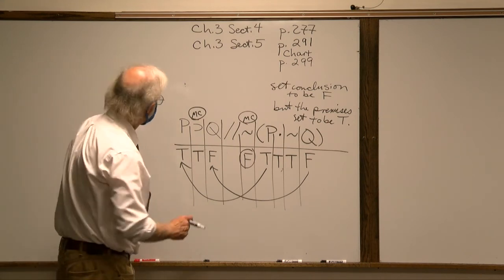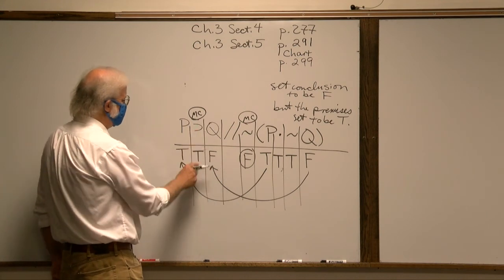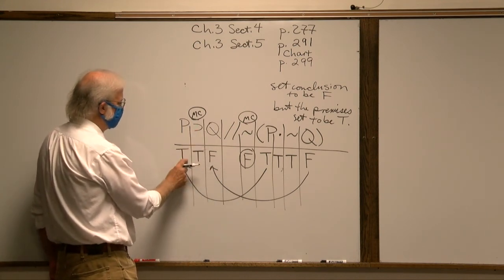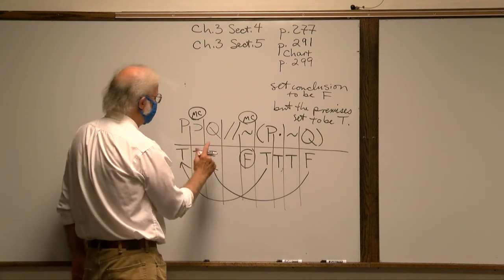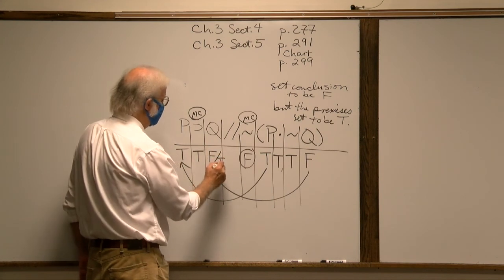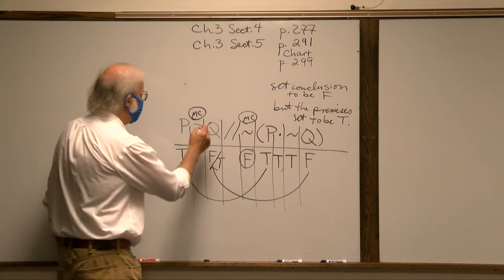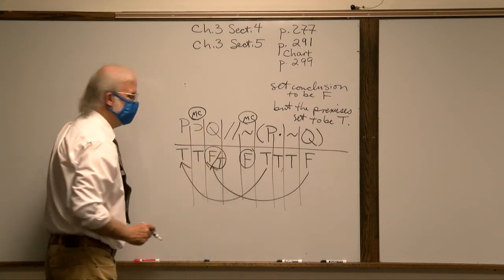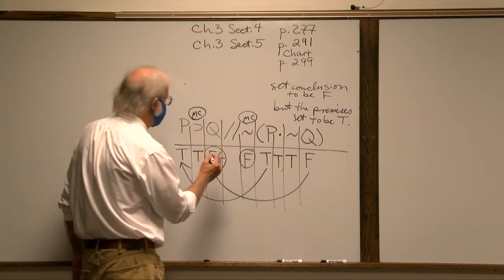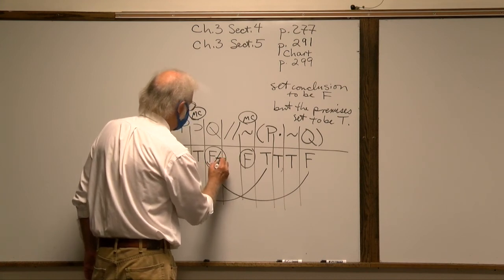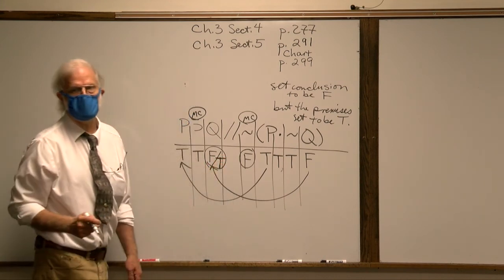But look, if that horseshoe is going to be true and the antecedent is true, that forces the Q to be true. But it's also false. So that Q has to be true and false at the same time. We represent that as false slash T or T slash false.